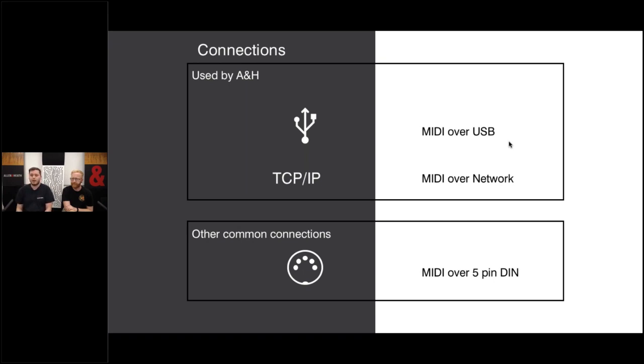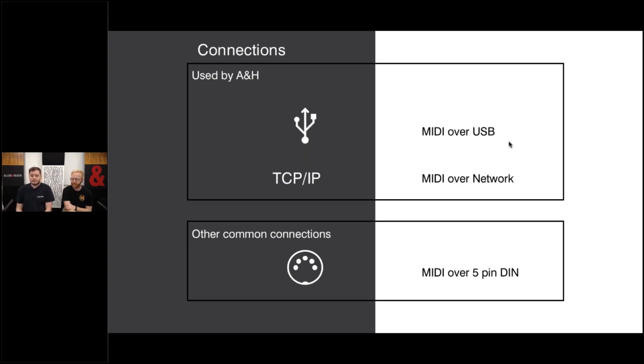So, for example, today we've got an SQ here, and that's connected with an Ethernet cable out of the network port and into our MacBook Pro here. And that's how we're communicating this laptop with the mixer.